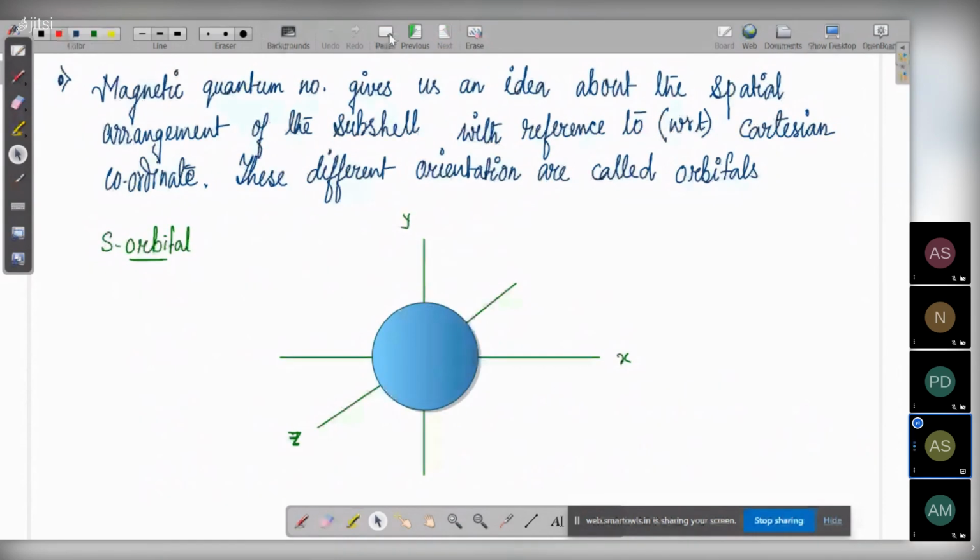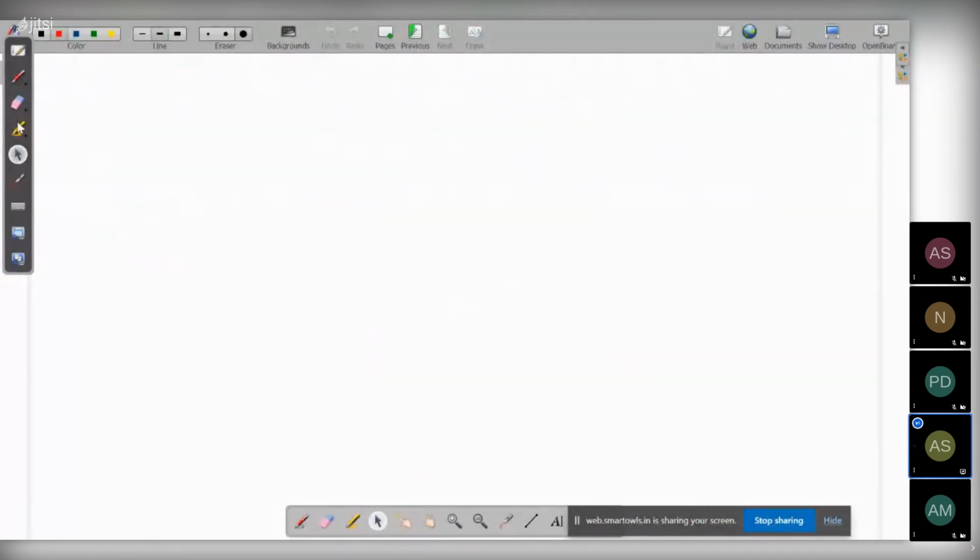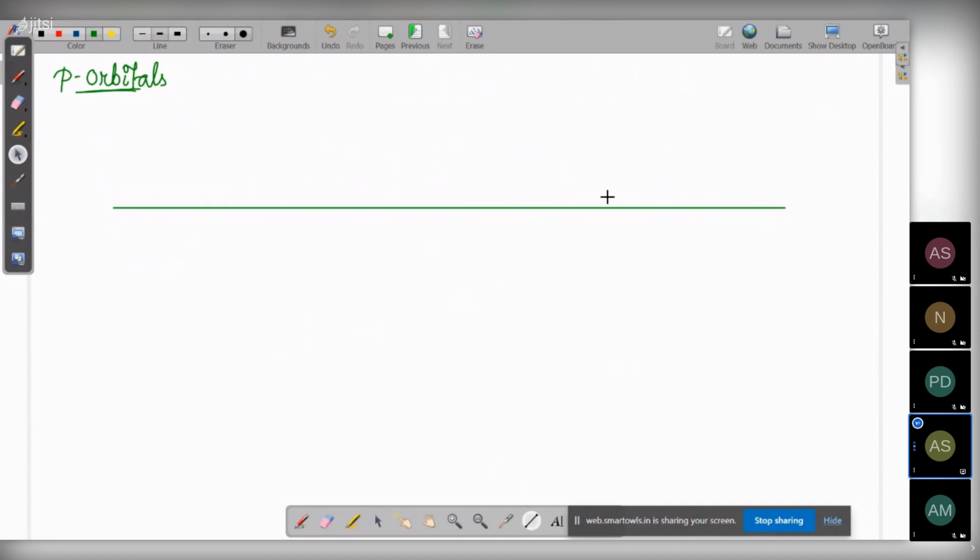Now let us see the shape of p orbitals. Let's first draw the axis. Obviously, these diagrams require practice, otherwise you cannot draw.